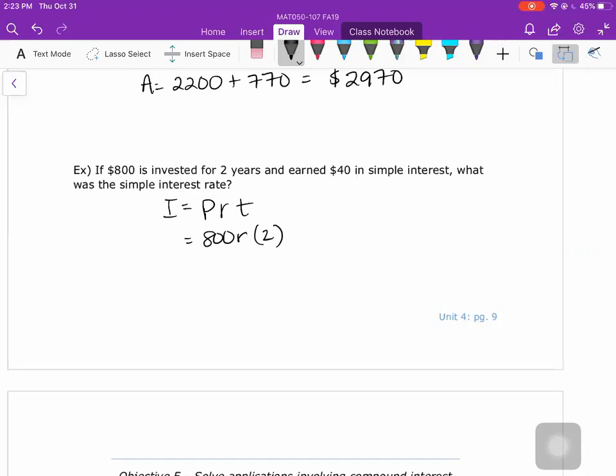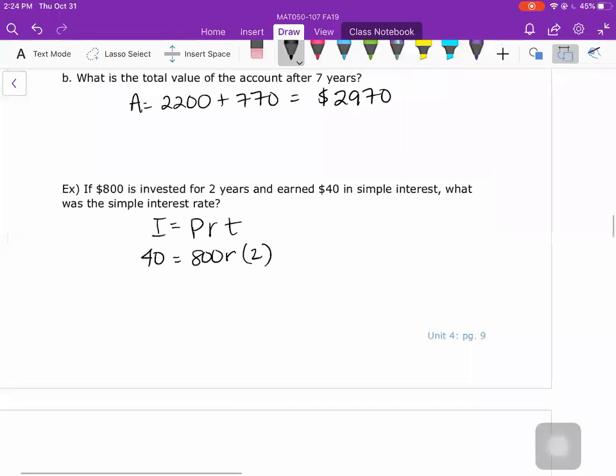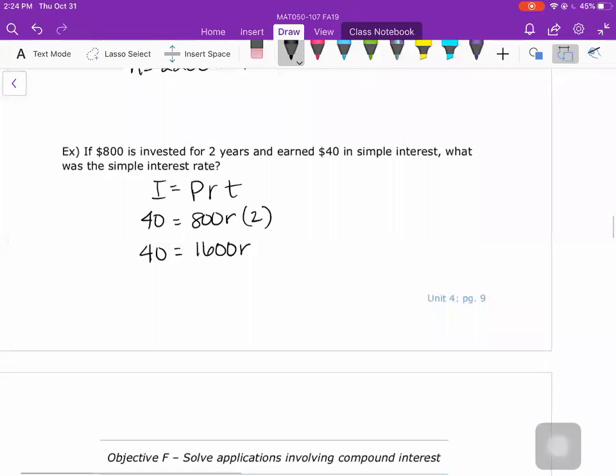That was how much interest was earned. Because my formula is I equals PRT, right? 40 is our interest. Yeah, so 40 equals 800 R times 2. What's 800 times 2? 1600. We need to divide. Mm-hmm.